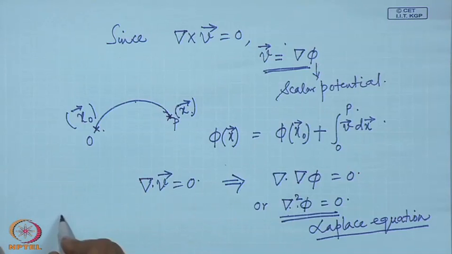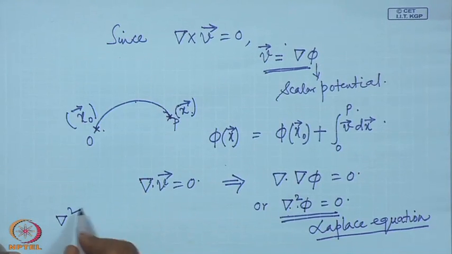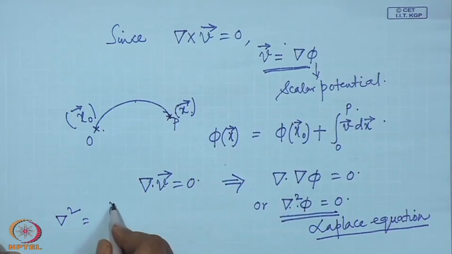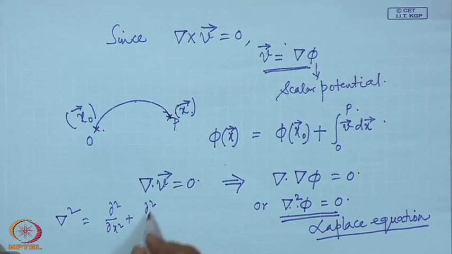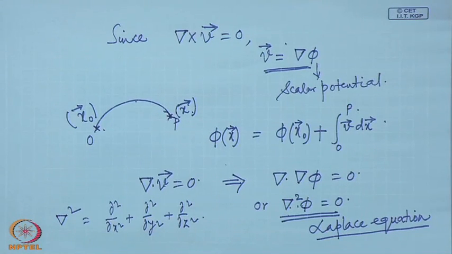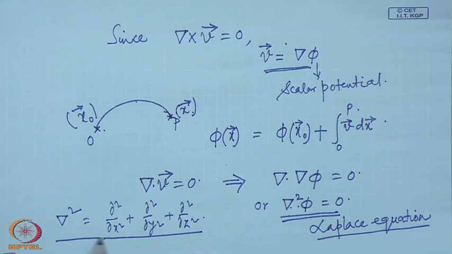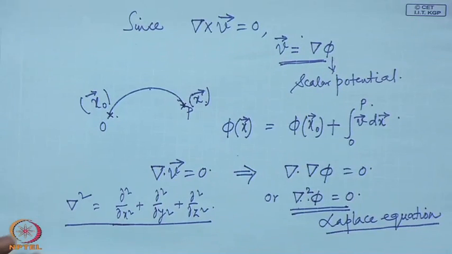This Laplacian operator is simply this. In Cartesian system, this is the Laplacian operator in Cartesian coordinate system.